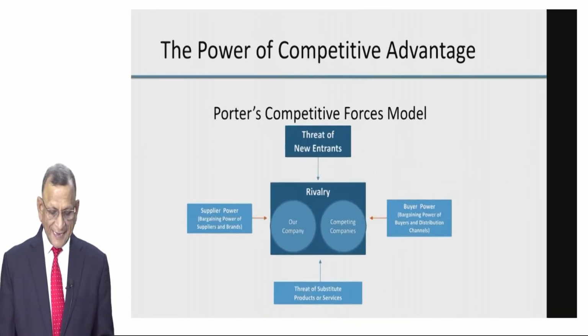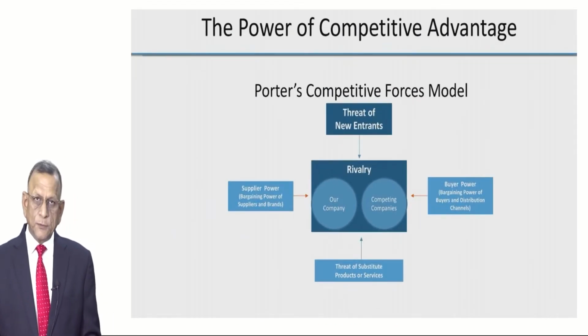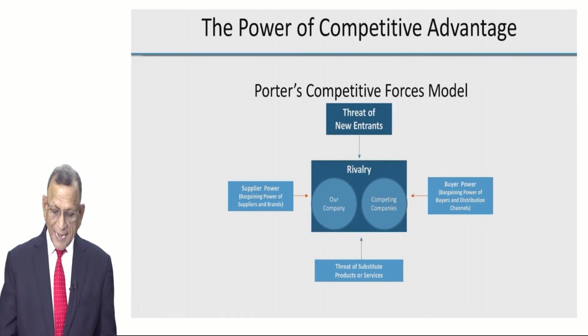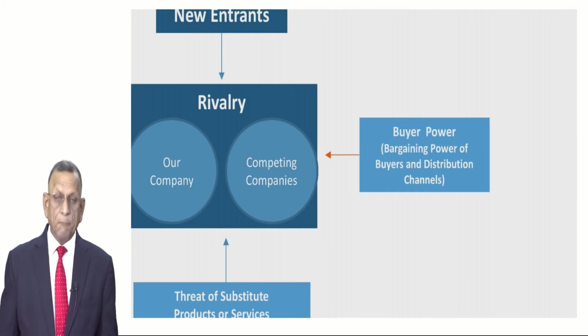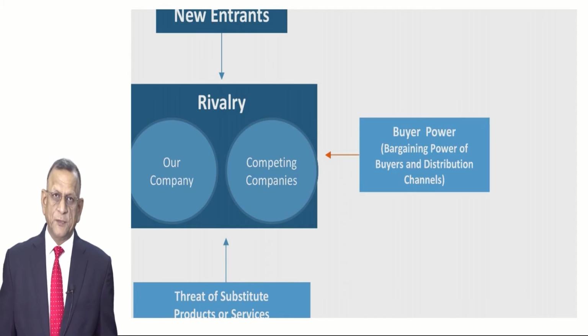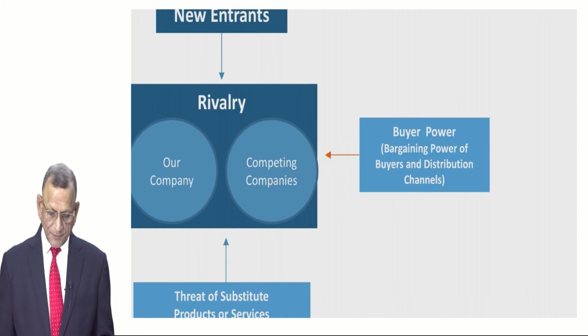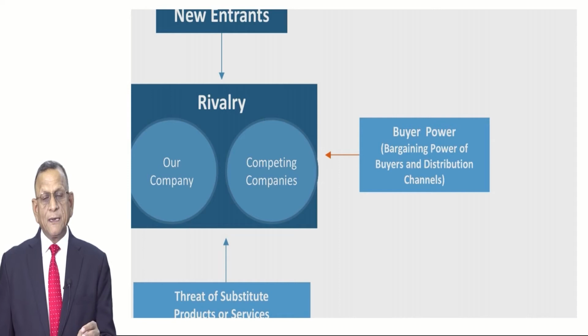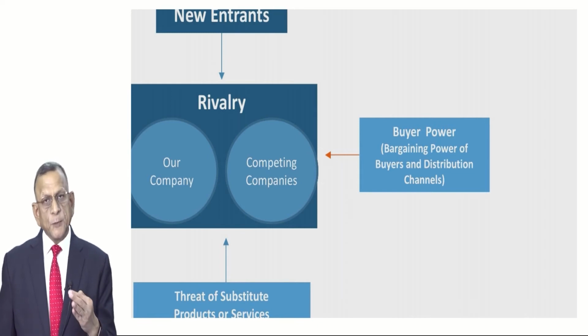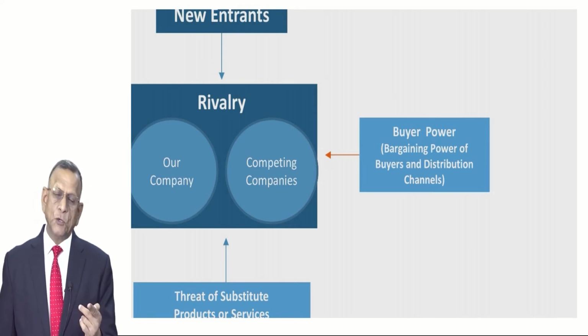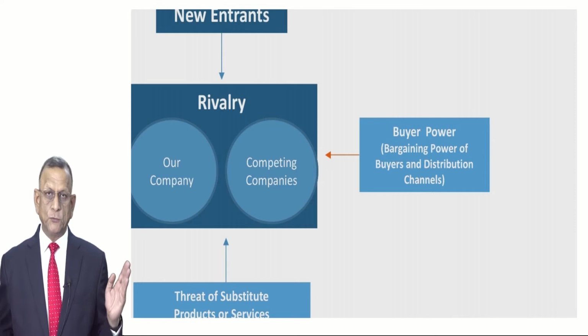Then, factor number 2 is buyer's bargaining power. What kind of power is the buyer having? Buyer can bargain with you. What kind of bargaining may happen? Bargaining can be done on the basis of price, discount, credit period, and the quantity, volumes.